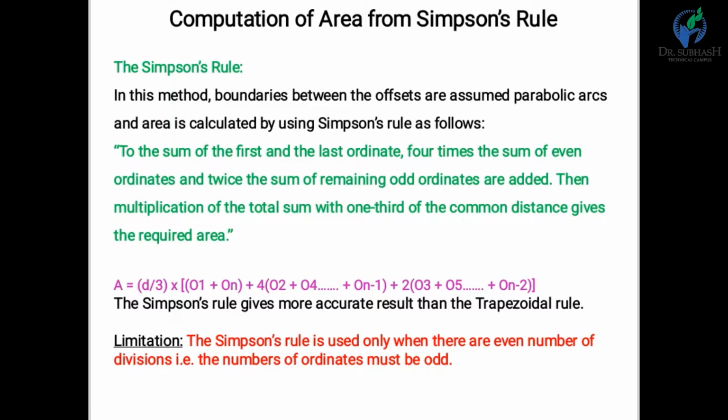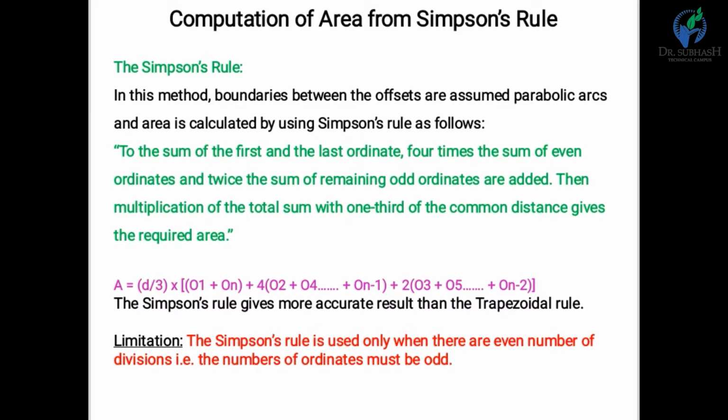This rule states that to the sum of the first and last ordinate, 4 times the sum of even ordinates and twice the sum of remaining odd ordinates are added, then the multiplication of the total sum with one third of the common distance gives us the required area.